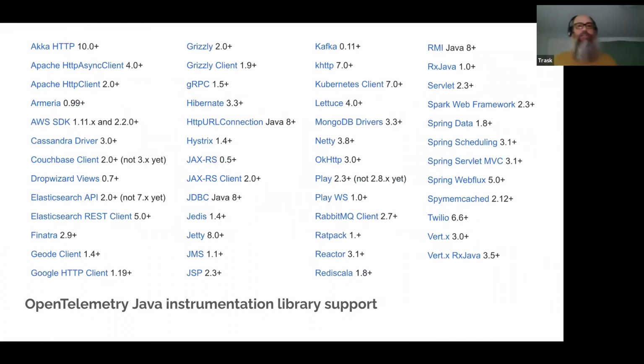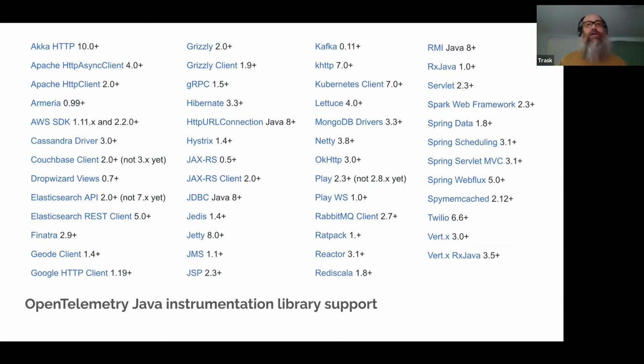So this is the list of all of the Java libraries that we have instrumentation for so far. With auto-instrumentation, if you are using these particular libraries, we will instrument those at runtime via the Java agent and capture the requests coming into those libraries, the calls going out of those libraries, what your JDBC SQL calls look like.